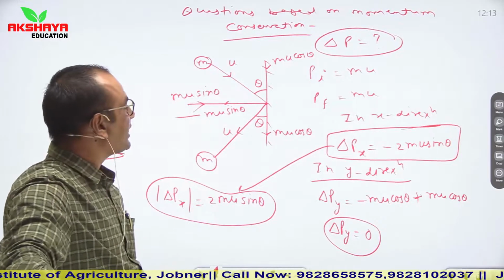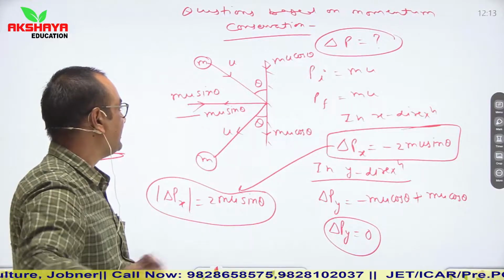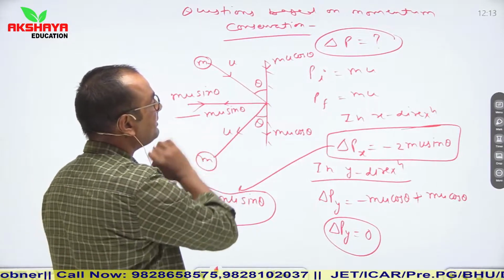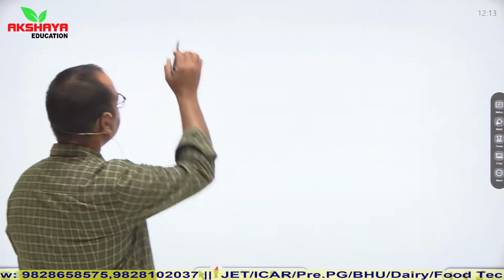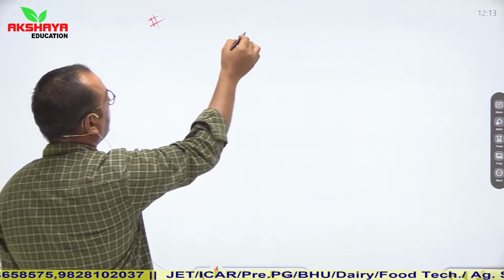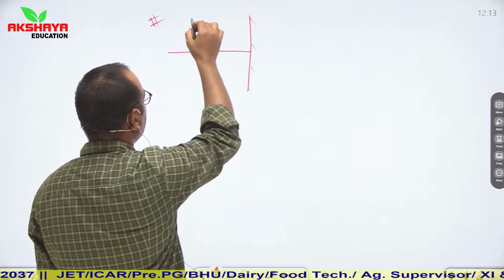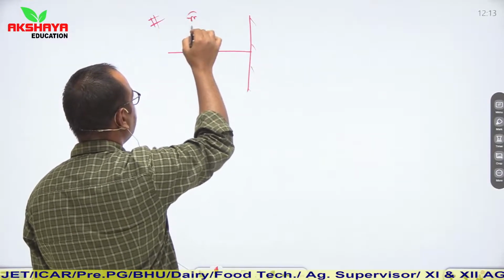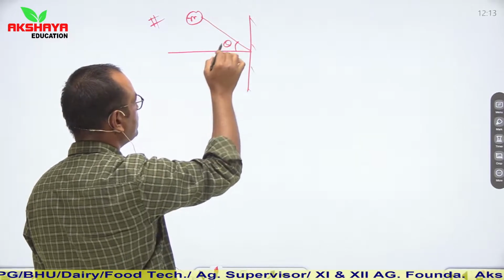Now see, if you are given the angle with the horizontal, then in that situation this angle will be 90 minus theta. So let us say the next pattern. In the next pattern, let us consider that the object of mass m hits the wall by making an angle theta with the horizontal.